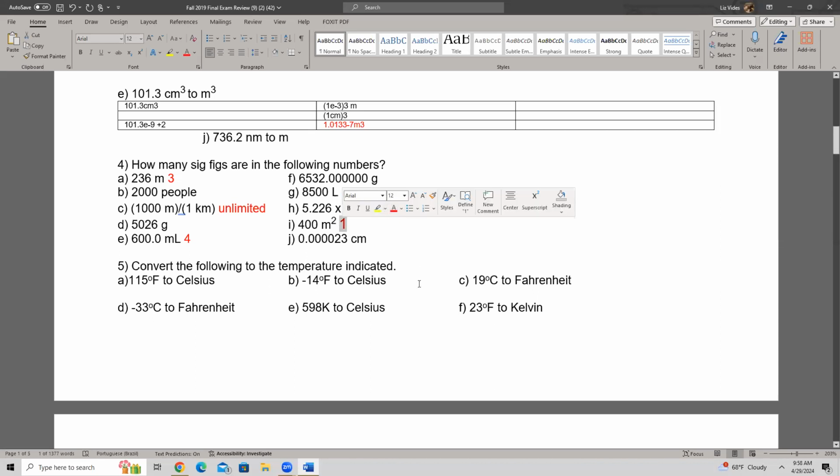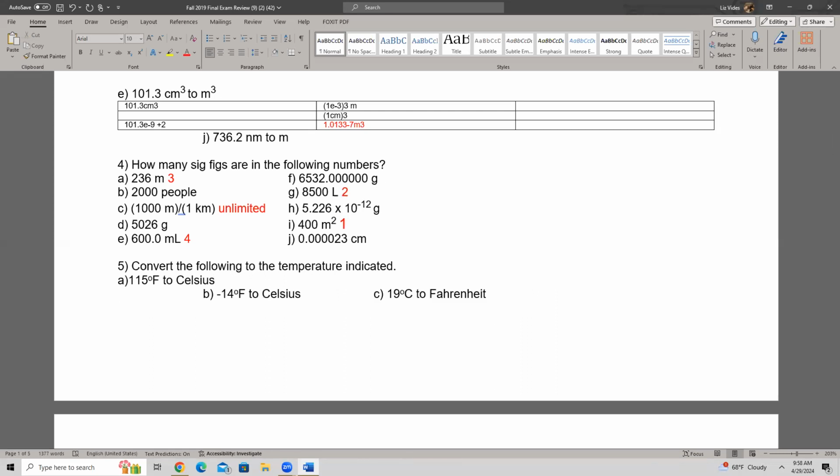Now, with the temperature, remember, we have to apply the correct formula. So we're going to do A first. For A, what we need is, we have 115 Fahrenheit, right? So Fahrenheit minus 32 divided by 1.8 is what you're going to do. So let's do this in parentheses, right?